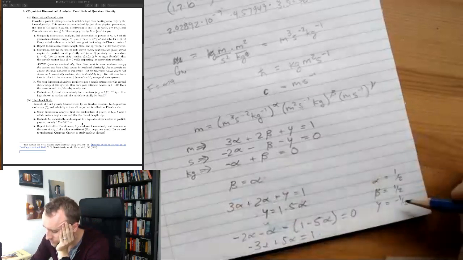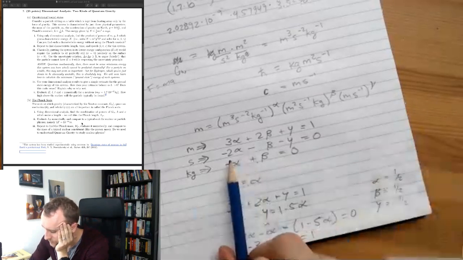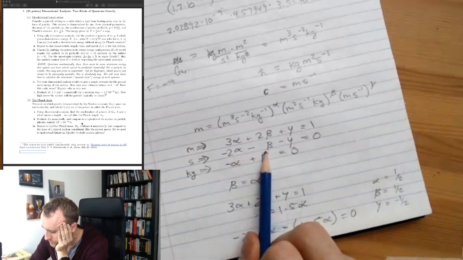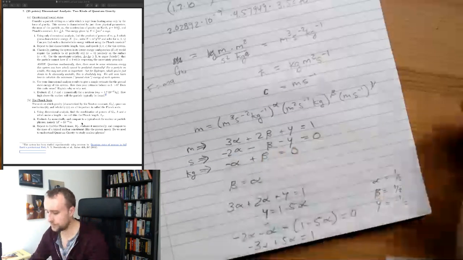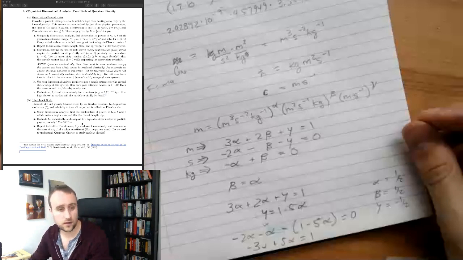Let's just check that. This is minus 1 minus 1/2, minus 1/2 is equal to alpha. Okay, so this should be okay.